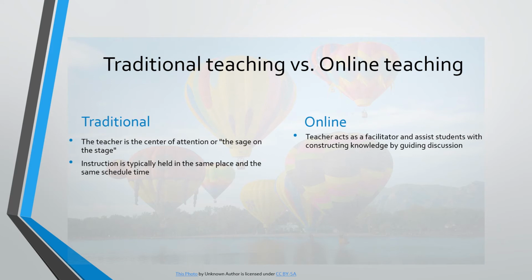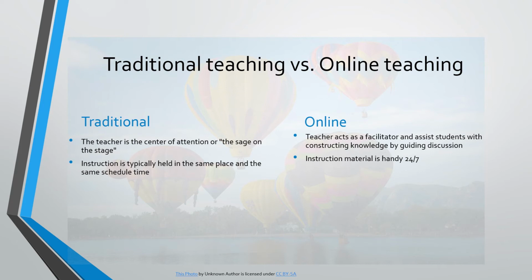When we go back to the traditional classroom, instruction is typically held in the same location, same place at the same time. So, as for K through 12 teachers, of course, at a regular school system. In the online classroom, the instructional material is handy 24/7.